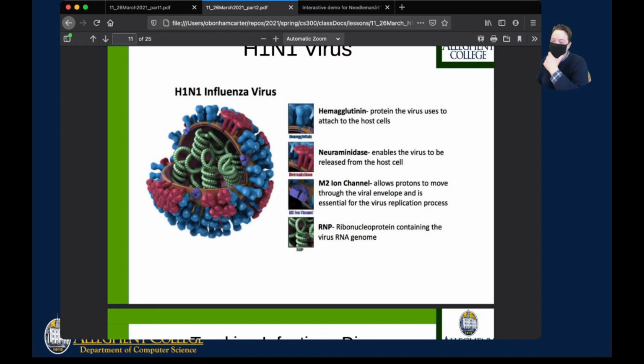And by letting in this virus, the green stuff in the middle is your RNA genome. This is its genetic content. It's the RNP, or ribonucleoprotein, which contains the RNA itself. This is also injected into the cell, and once it's inside, the RNA is transcribed back into DNA, and then that DNA starts making other proteins.